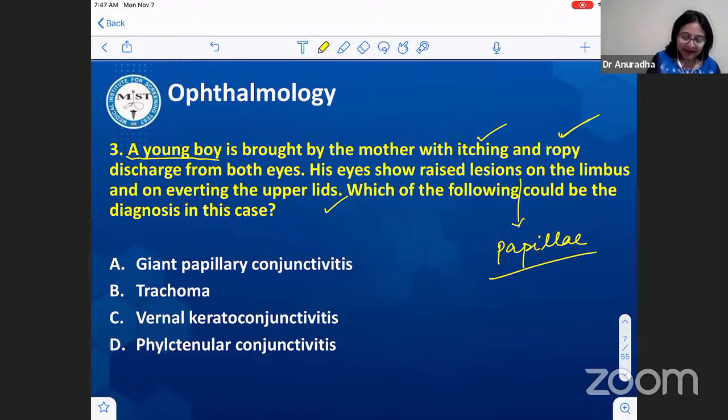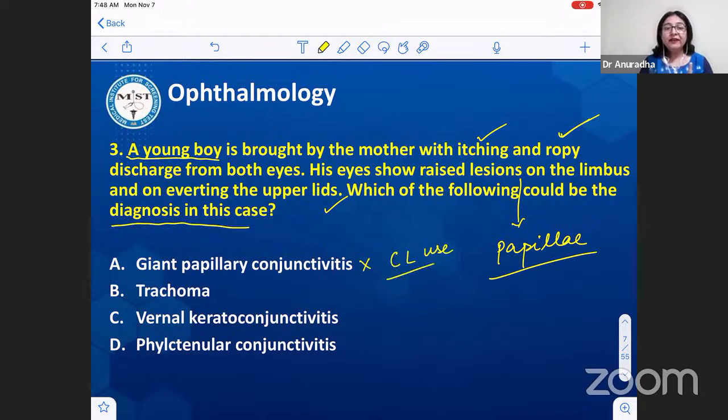Okay, so what is the diagnosis in this case? Giant papillary conjunctivitis? No, because that is related mostly to contact lens use, so that is ruled out. Trachoma can be there in children. It can cause itching, but you do not see ropey discharge in trachoma.